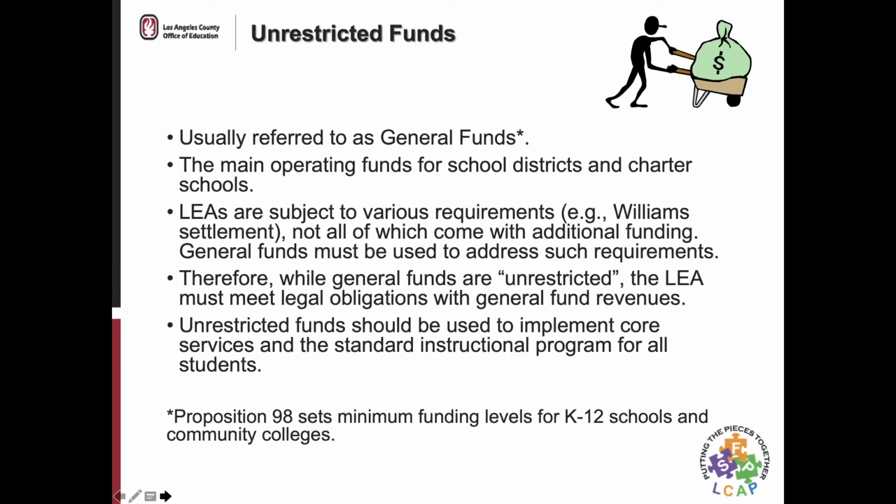They're not a separate funding source; they're required through the general fund. These are obligations that all LEAs have. We'll take a look at LCFF a little later, but LCFF is unrestricted funding, all of it, but it comes with an obligation. We'll take a look at that in a minute.